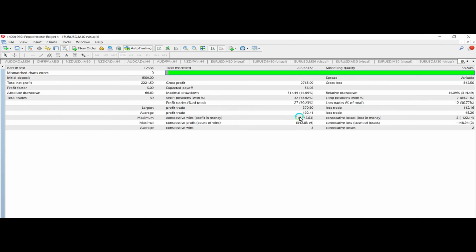And if your total profit trades percent is more than 50, then you have an edge over the market with these two results. And that is almost 70% with this kind of risk to reward ratio, and that is amazing.